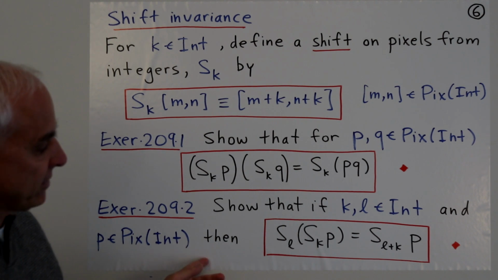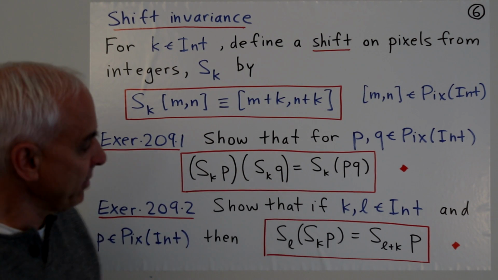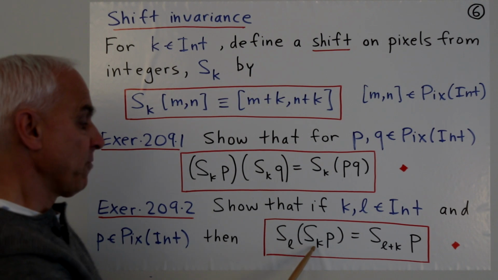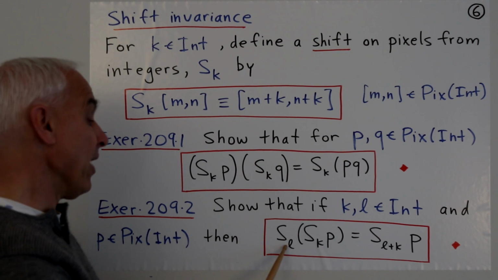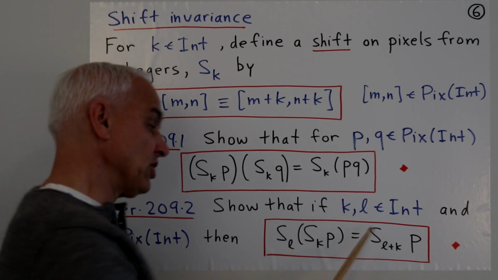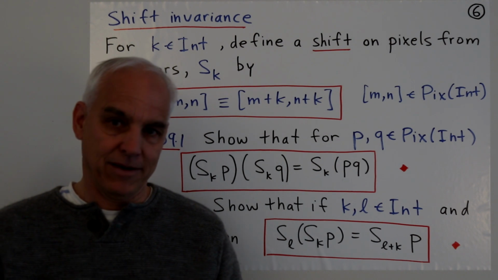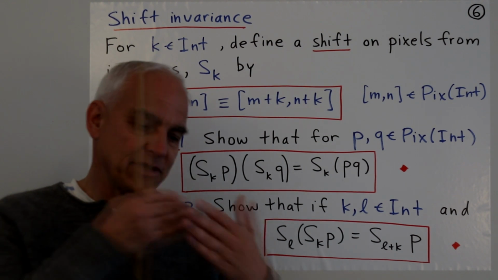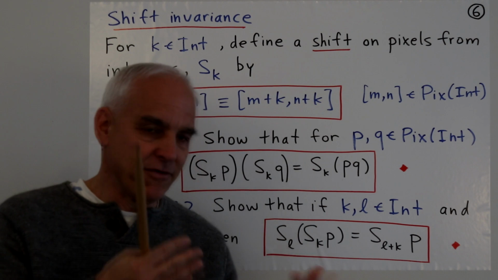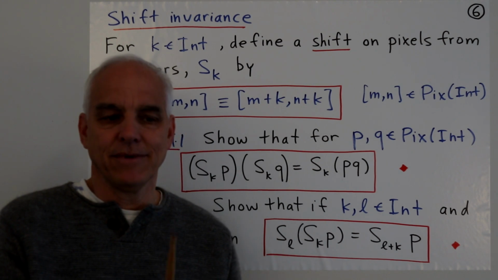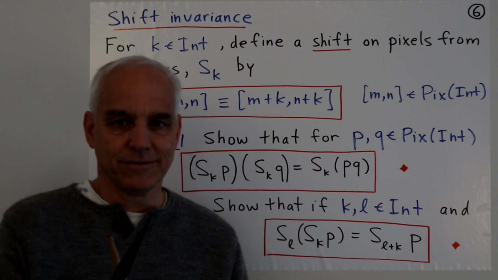And also show that there's a composite property, which is almost obvious, that if you shift by K and then you shift by L, it's the same as shifting by L plus K. So the shifts themselves have a pleasant algebraic aspect.